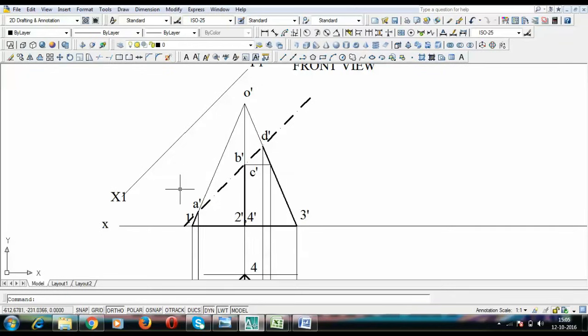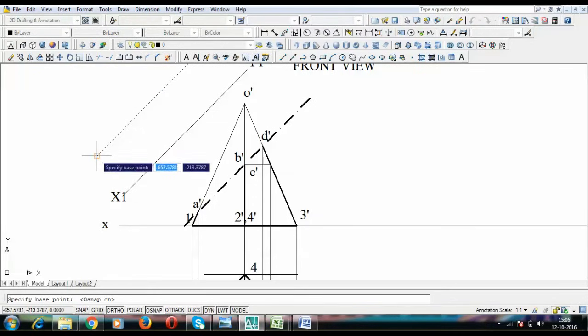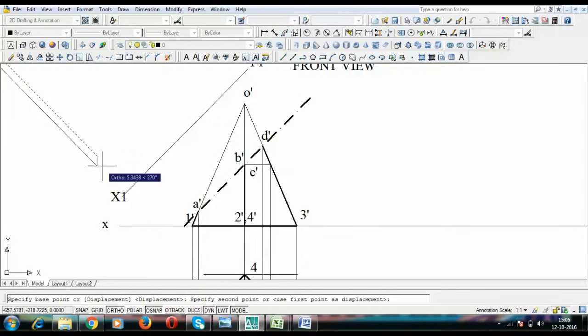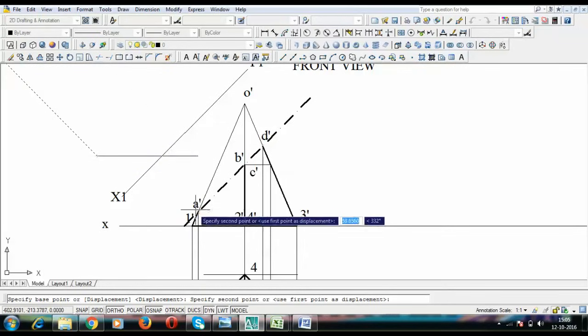All right, so let's do this. Let us start by drawing these so-called perpendicular lines.